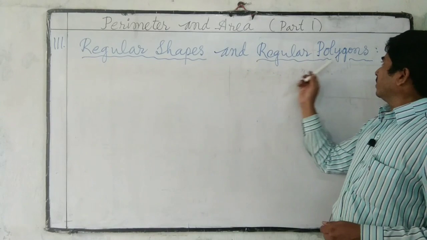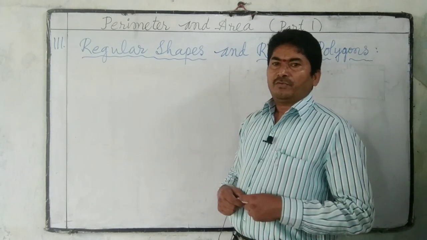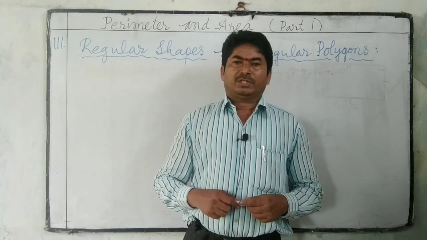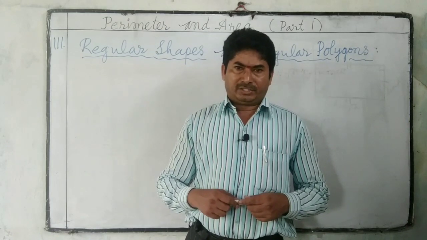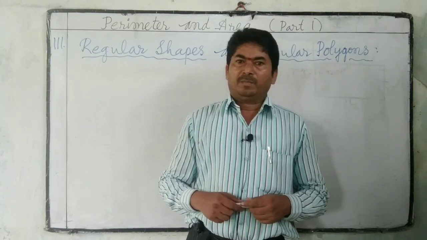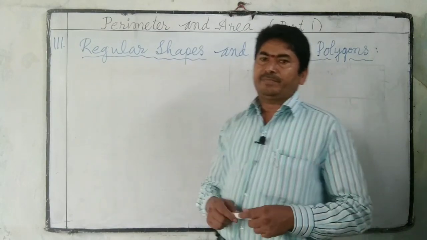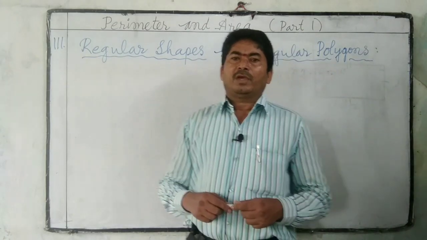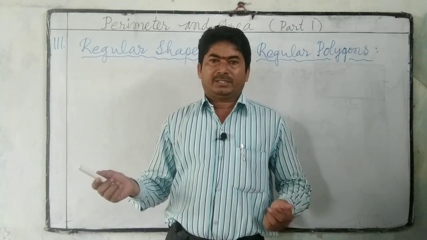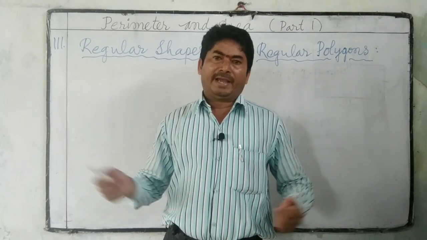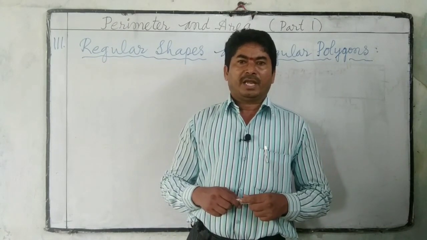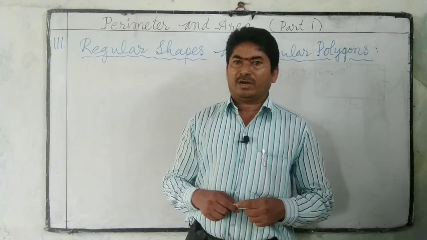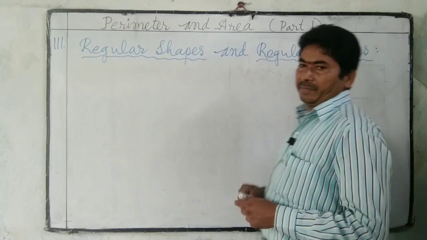Regular shapes and regular polygons. What are regular shapes? Geometrical shapes that have all the sides and angles equal are called regular shapes. What are regular polygons? If all sides and all angles are equal in a polygon, then it is called a regular polygon.